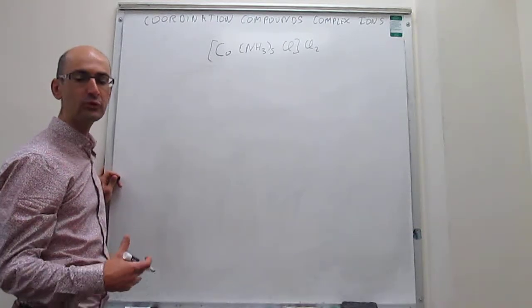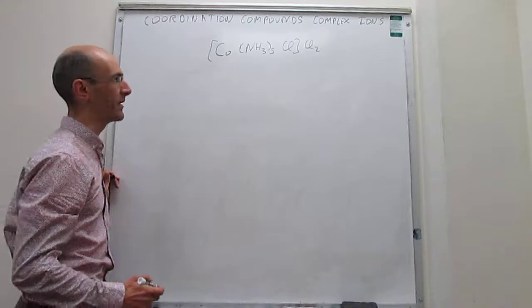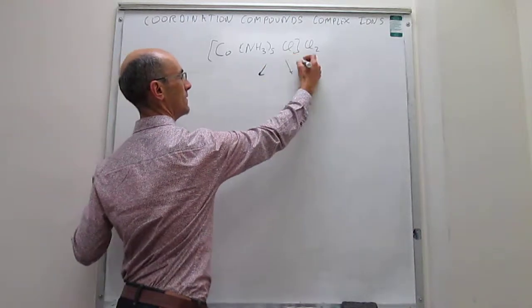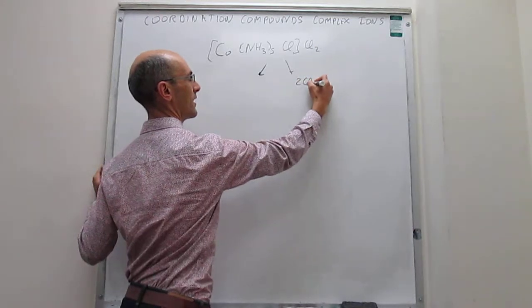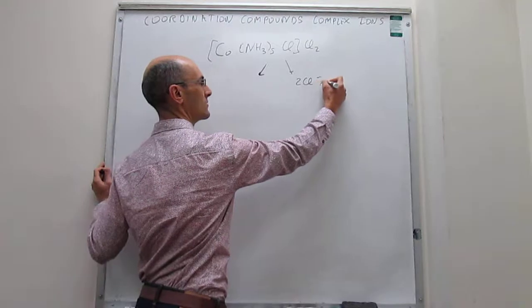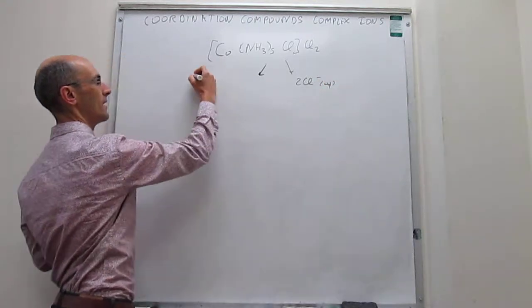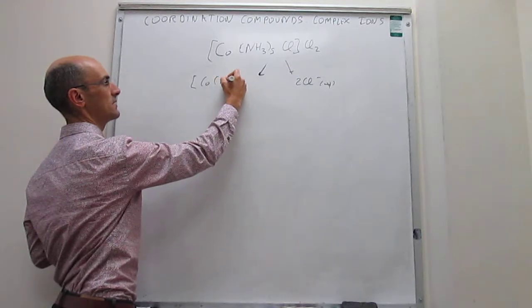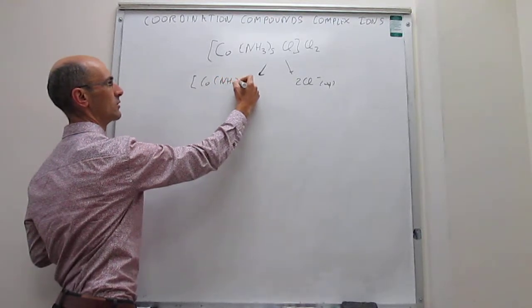When you put them in solution, they dissociate to generate ions. These two chloride counterions dissociate as 2Cl- in aqueous solution, and then the rest, the term that is in brackets, is a unit, which is what we call the complex ion.